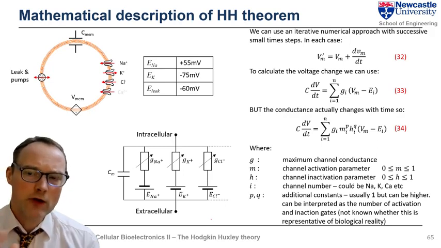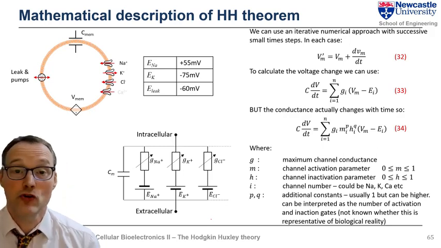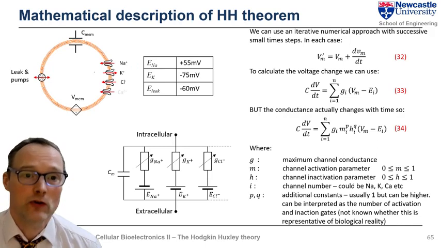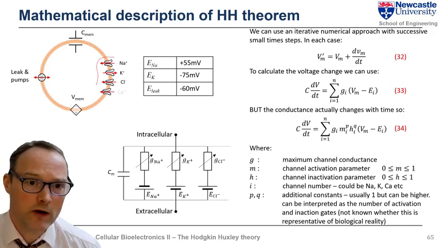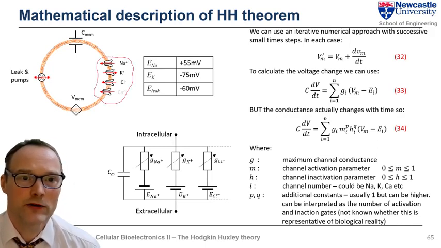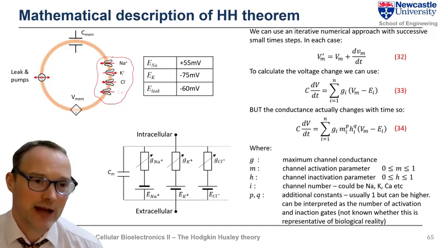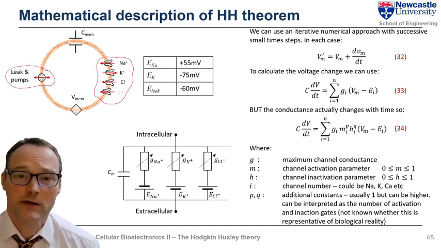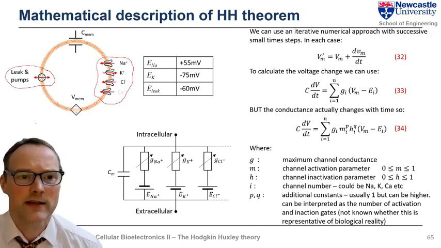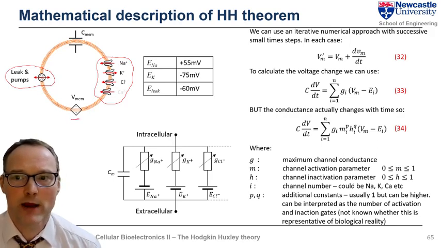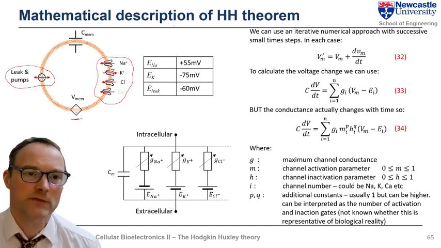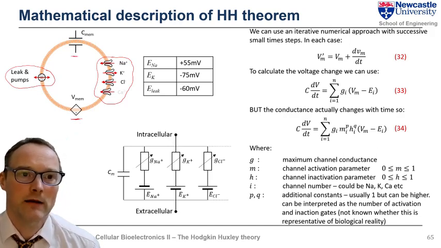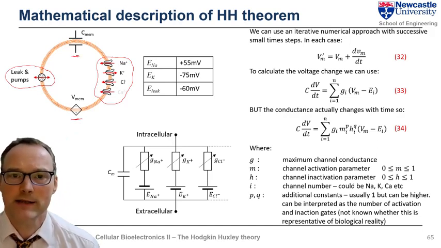So if we now consider a neuron cell, we've got a whole bunch of different ions and different types of channels for those ions. We've got the leaks and the pumps, as one offset. We now have an overall membrane voltage that we want to explore, and then we've got a fixed membrane capacitance.